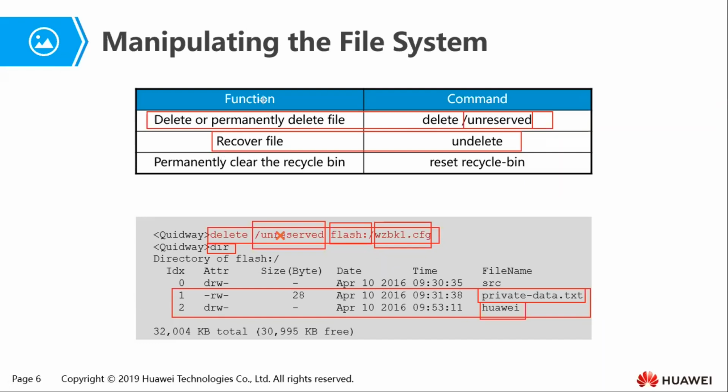If you want to create more space in your flash memory, you use the reset recycle-bin command. This will delete everything that has been saved in the recycle bin, just like emptying the recycle bin in Windows.